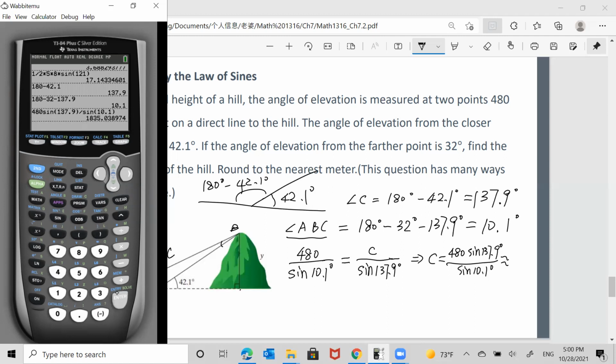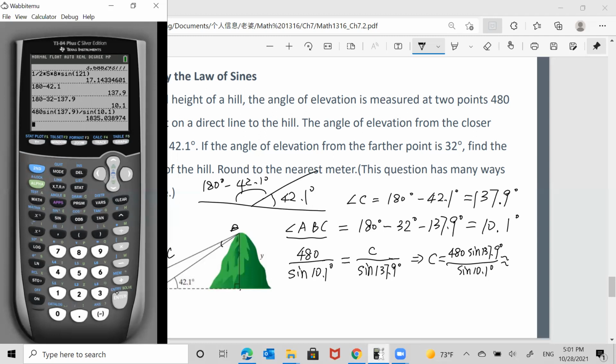Hit enter. Wow, that's a big number. 1,835.0389. Because this is not a final answer, we can just keep 4 decimals.